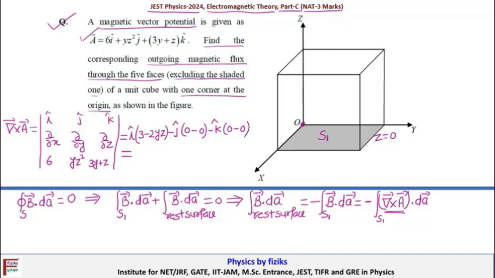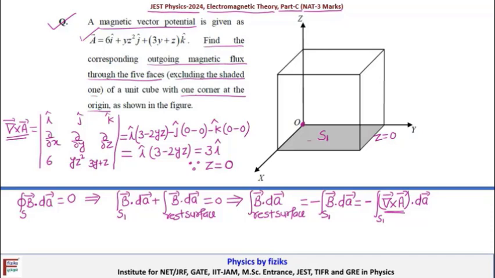So this becomes i cap times 3 minus 2yz, and this will simply be 3 i cap since we are taking z equal to 0 for this surface S1. So we have calculated del cross A.